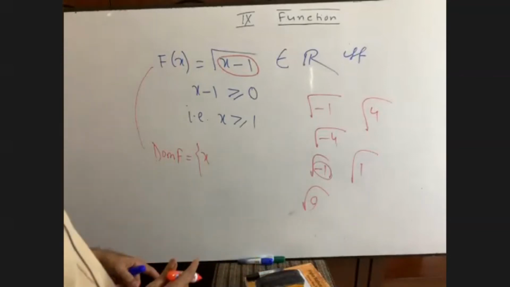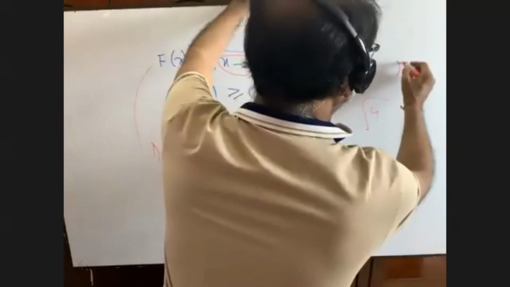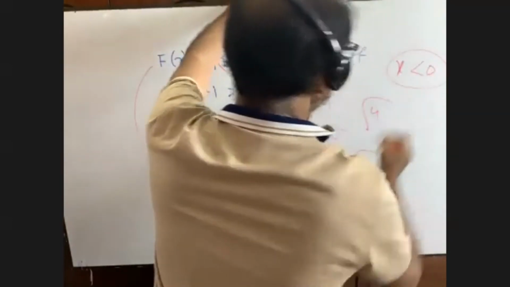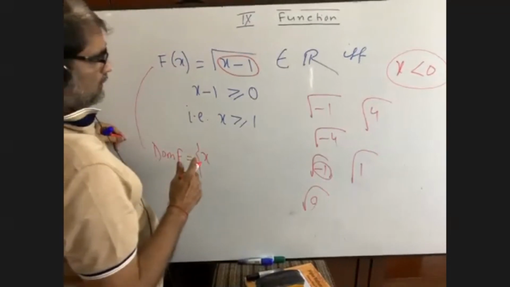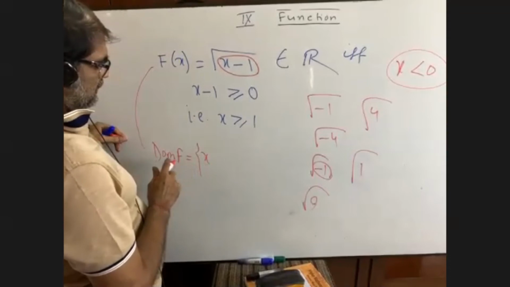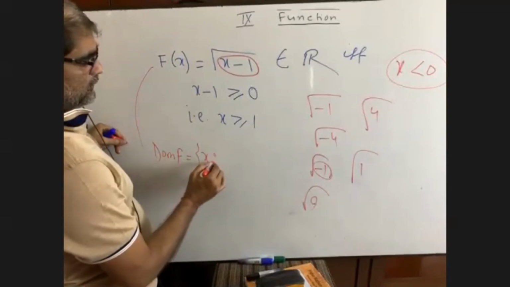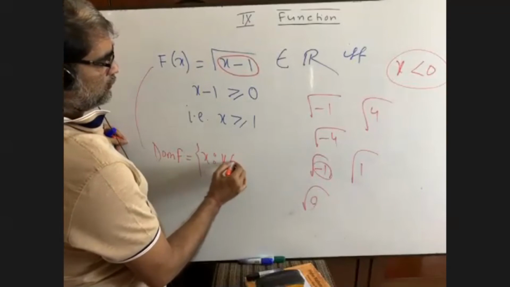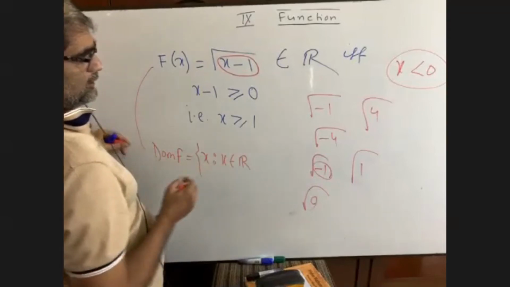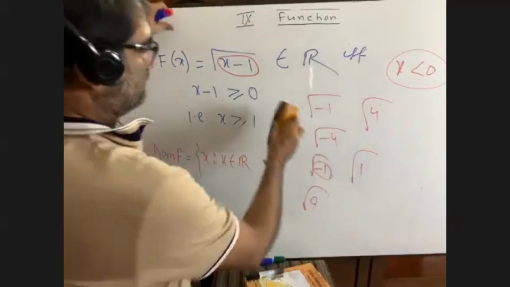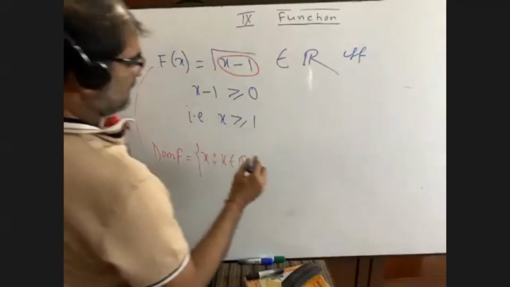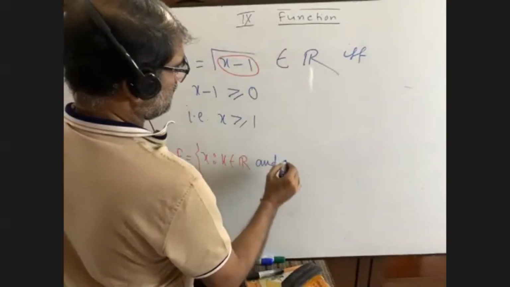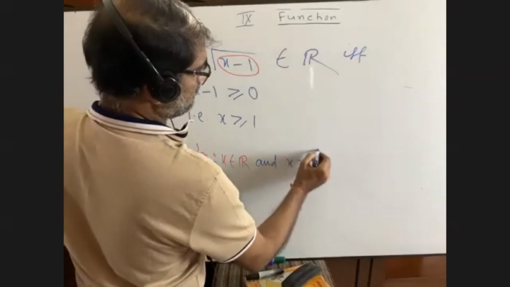So x less than 0 is impossible inside the square root. Domain equals x, write down, where x belongs to R and x is greater than or equal to 1.